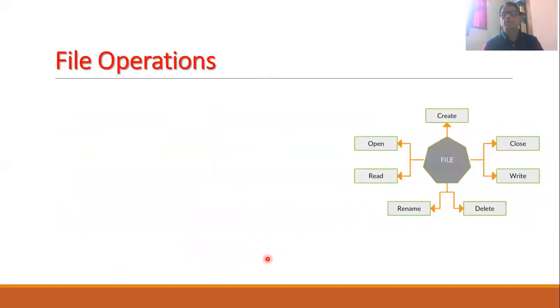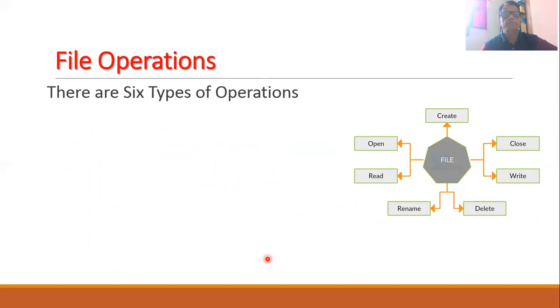Now let us see what the different operations are that can be performed in C programming language by using a file. There are 6 different types of operations. The first operation required by the programmer is the creation of a new file.